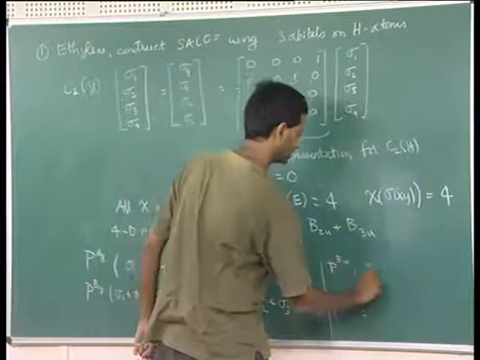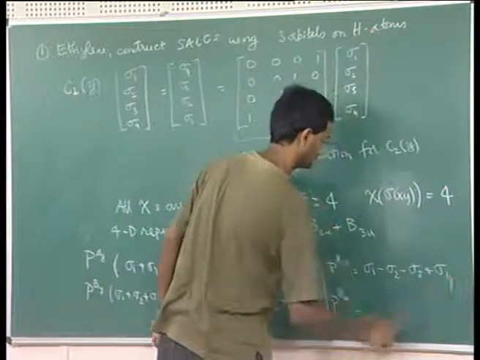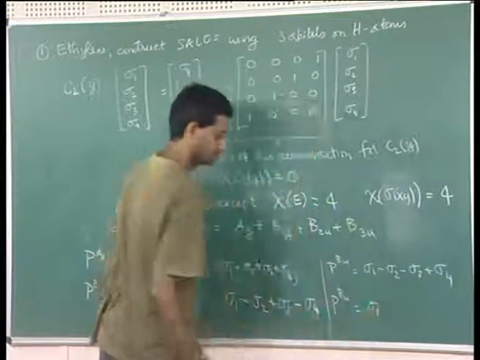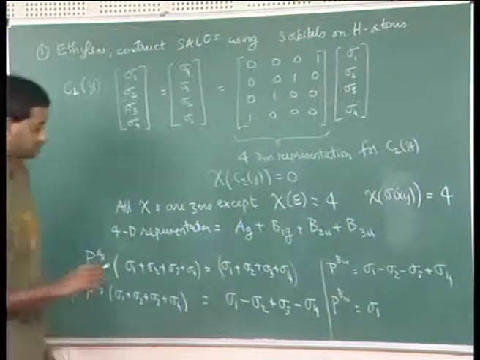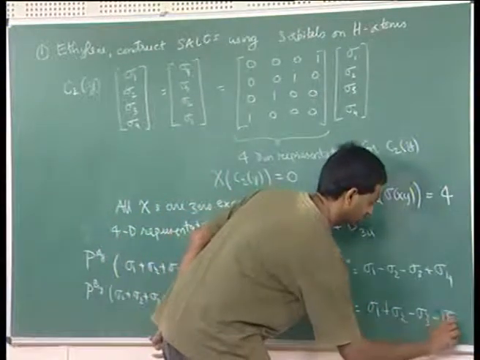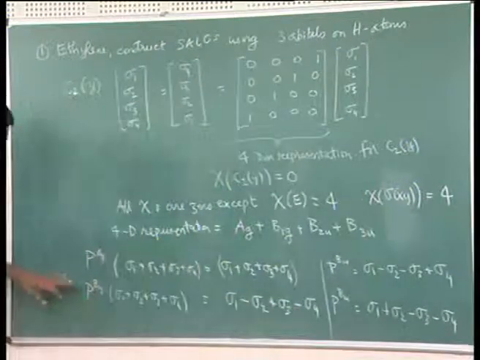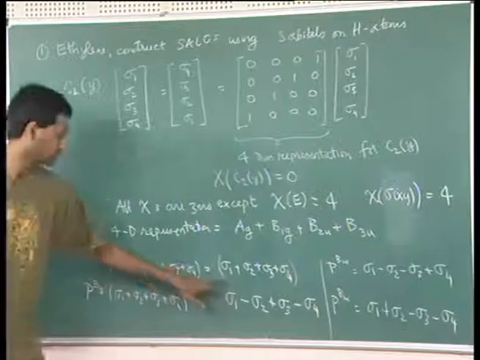So this is sigma 1 minus sigma 2 minus sigma 3 plus sigma 4, and this is sigma 1 plus sigma 2 minus sigma 3 minus sigma 4.